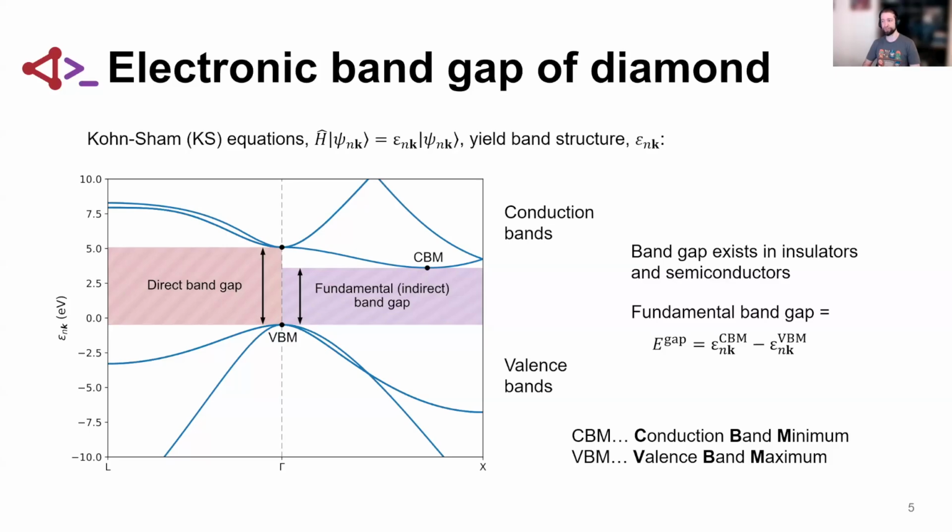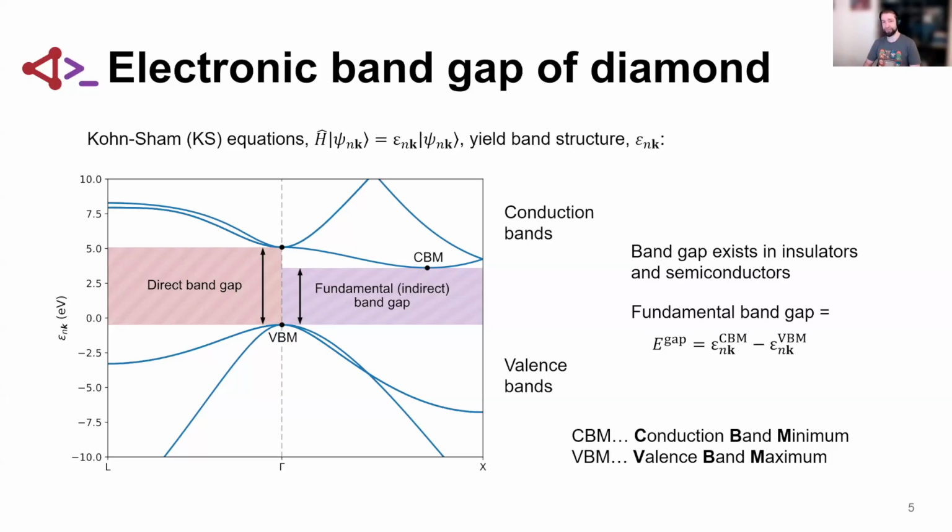And so there's a region of space in this band structure where there is an absence of allowed energies, which we call the band gap. This difference between VBM and CBM we usually call the fundamental gap.